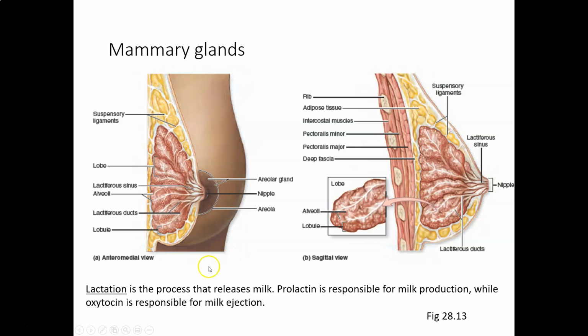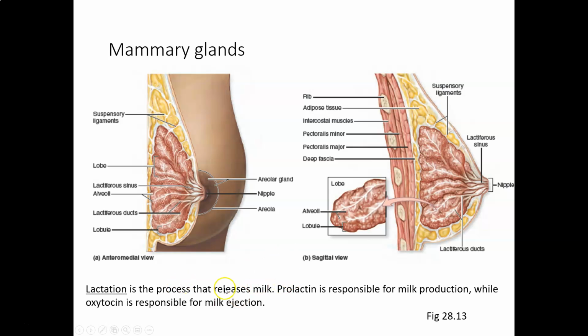During pregnancy, though, there's further dramatic development of the mammary gland, especially under the influence of progesterone. So they are getting ready to generate milk, that is, getting ready for lactation.